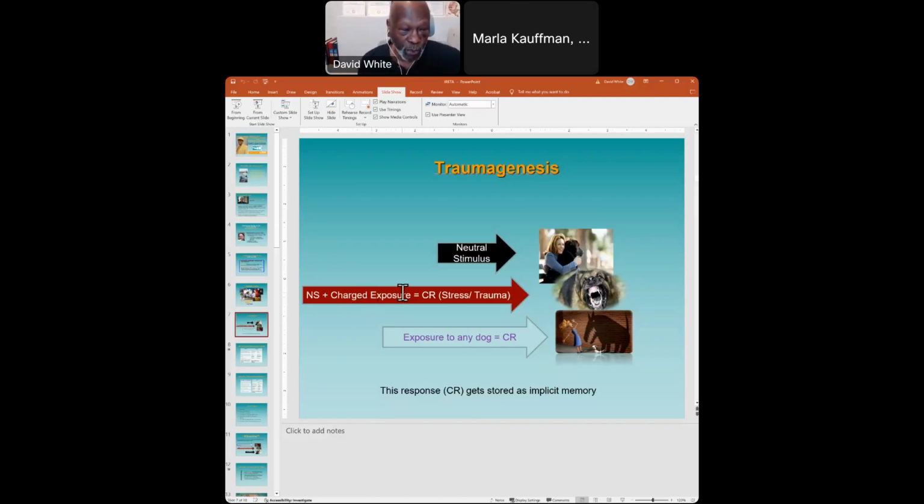You pair that with the neutral stimulus, and you end up with a conditioned response. And that conditioned response leads to stress or trauma. So this response could be fear, it could be anger, it could be frustration, whatever it is. But the point is, trauma comes about when you have a neutral stimulus and you pair it with a charged event, something that gives you an emotional reaction.